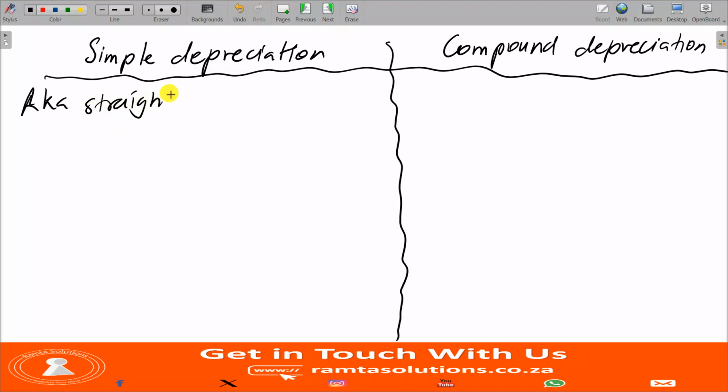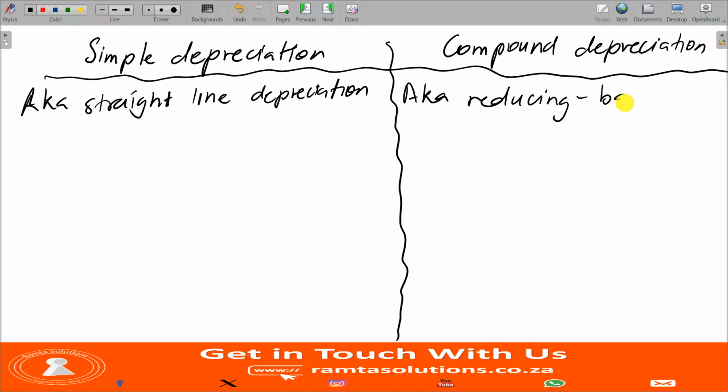Compound depreciation is also known as reducing balance depreciation.